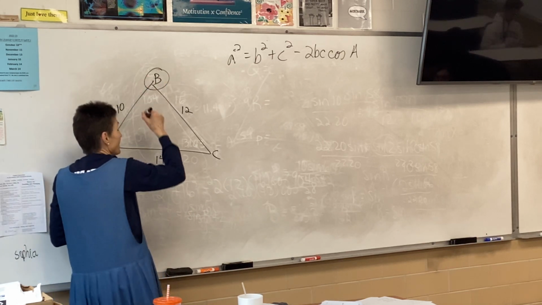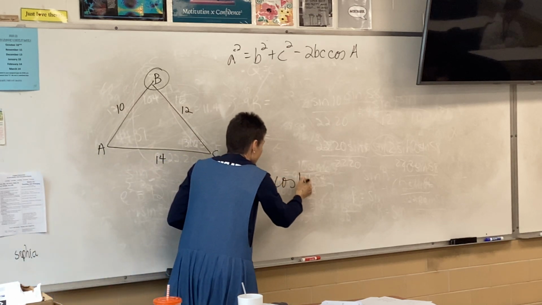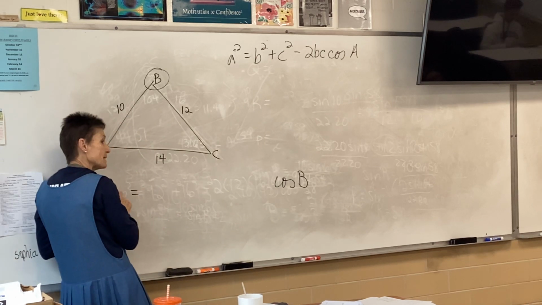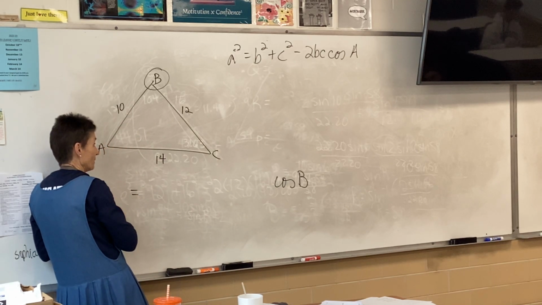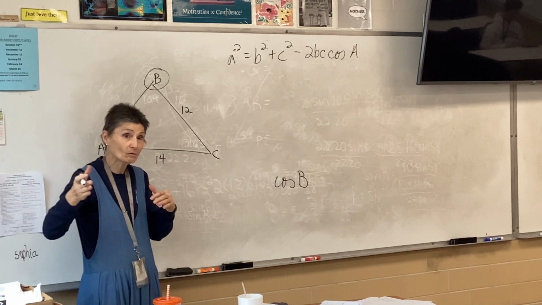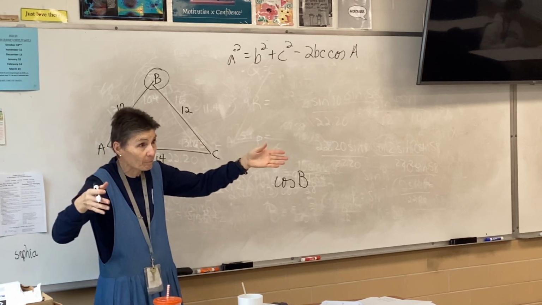If we decide we're going to find B, then out here on the end is going to be cosine B. And then what will be over here on this end of the problem? 14 squared. Because remember, whatever angle you're using, that angle and that side bookend the problem.